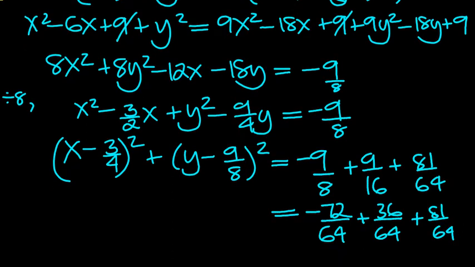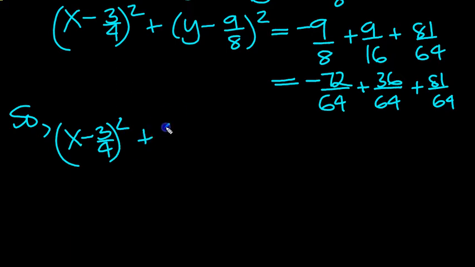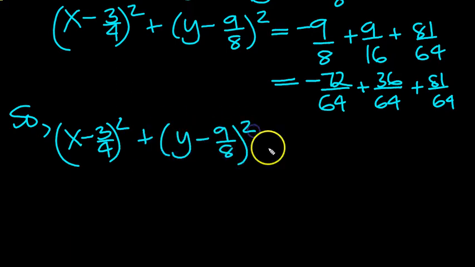Let's see what we get then. Let's turn our attention to this equation. So what do we have? We have x minus 3/4 squared plus y minus 9 over 8 squared equals 36 take 72 is just minus 36, isn't it?